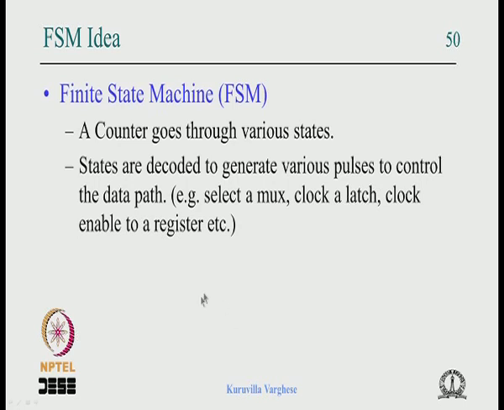There is a counter part which need not count sequentially, it goes through various states, various steps, various sequences, and at each step some output is decoded, which does a lot of functions like enabling a register, enabling a counter, selecting some path through a mux, and all kinds of things. So that is the function of the controller.